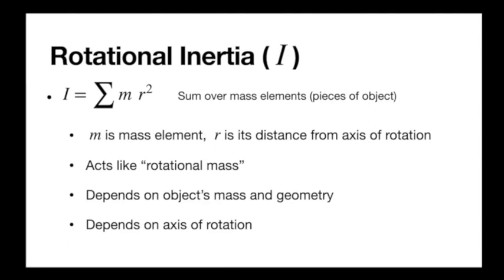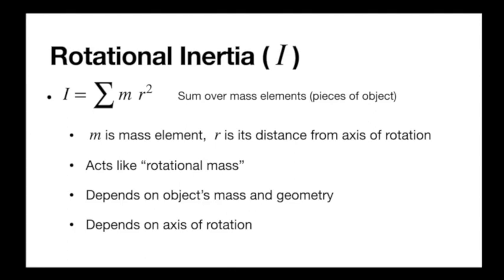In general, the more mass you have concentrated further away, the higher the rotational inertia will be. We looked at solid shapes versus hollow shapes. If you have two spheres with the same mass, one completely solid, so the mass is spread out through the whole volume, and one where all the mass is in a hollow shell, the shell one is going to have a much higher rotational inertia because all of the mass is concentrated at the outside.